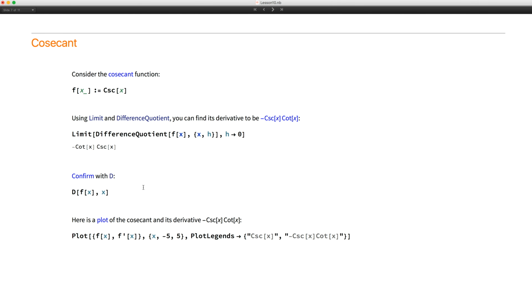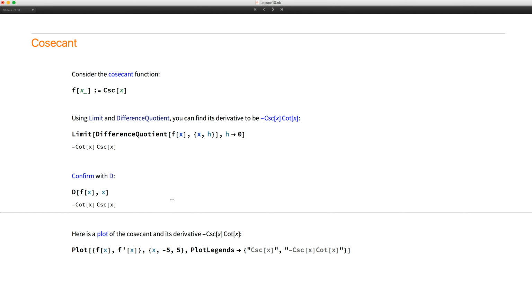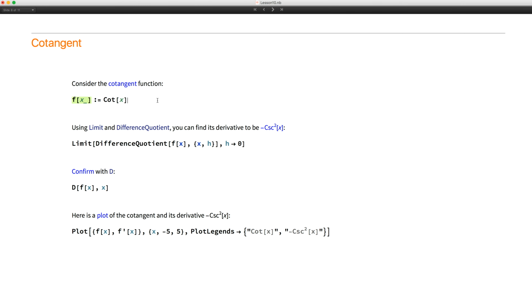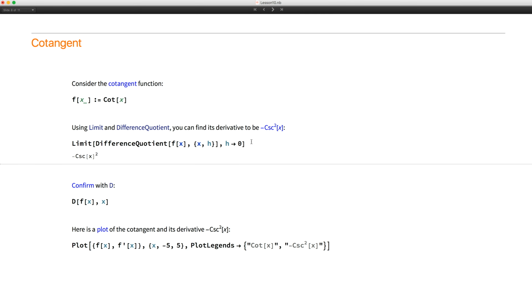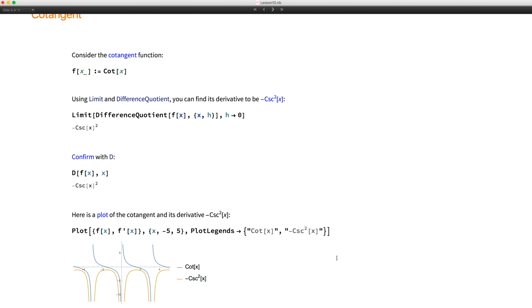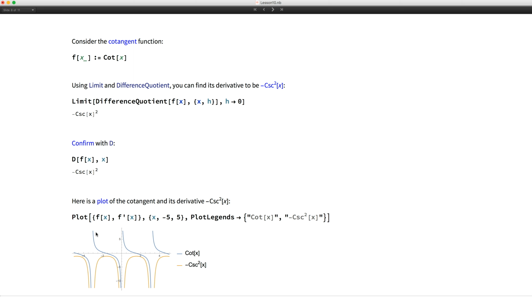Confirm that with D, and once again we can plot it to get the function and its derivative. Finally, we go on to the cotangent function. Its derivative turns out to be negative cosecant square x. You can confirm that with D. The question is, why is there a negative sign? The point is that unlike the tangent, the cotangent is always decreasing, and so its derivative is always negative.